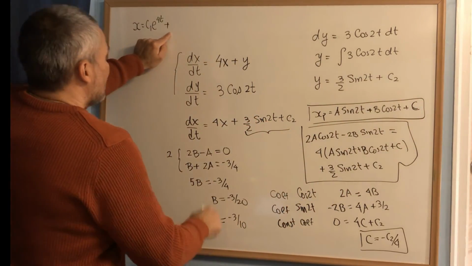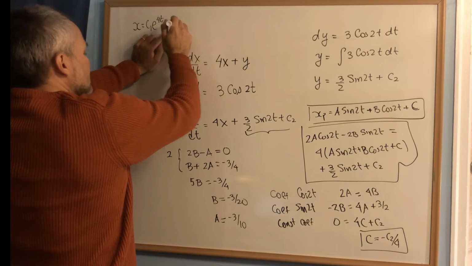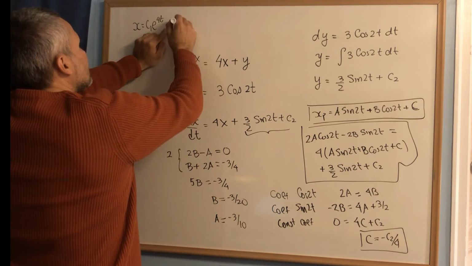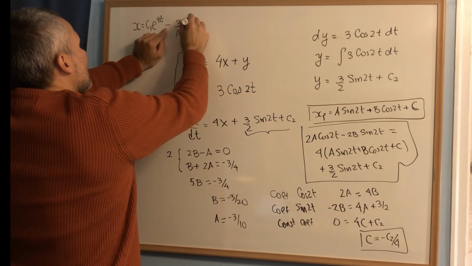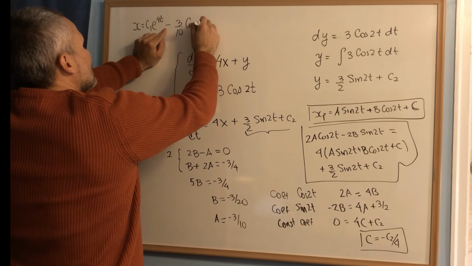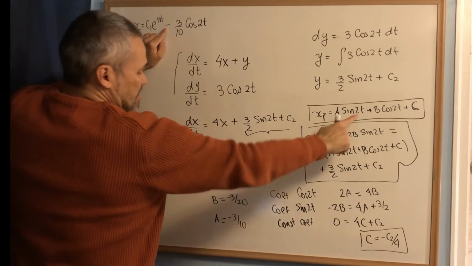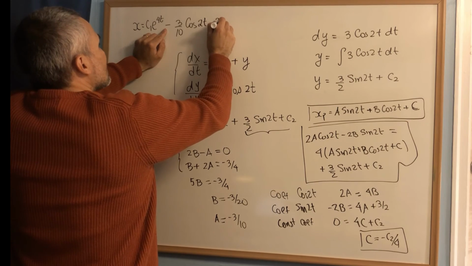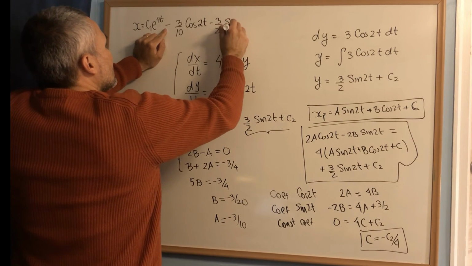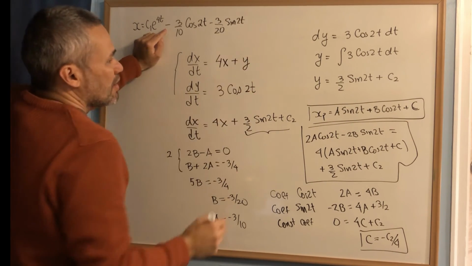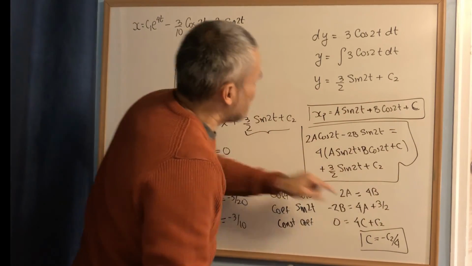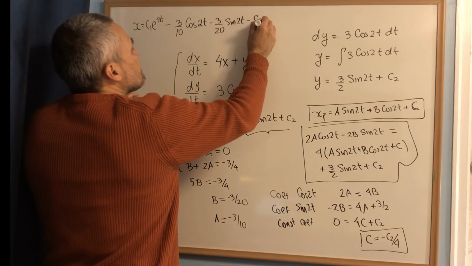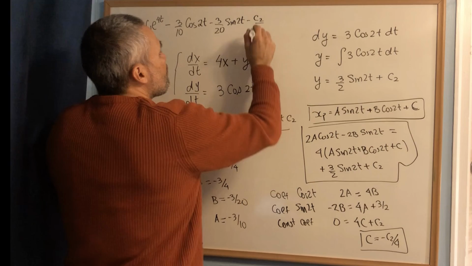But now we know A, this is minus 3 over 10 cosine of 2t plus B, which is minus 3 over 20 sine of 2t plus capital C, minus c2 over 4.